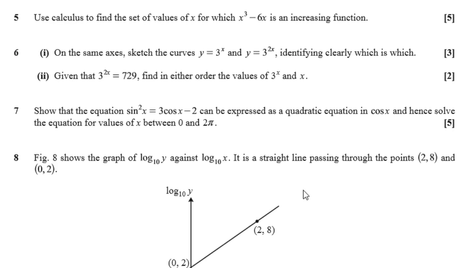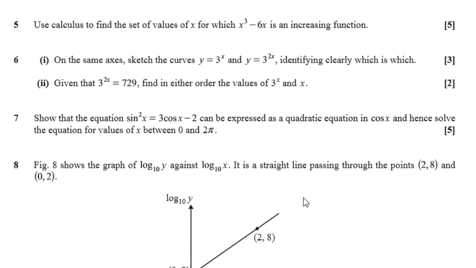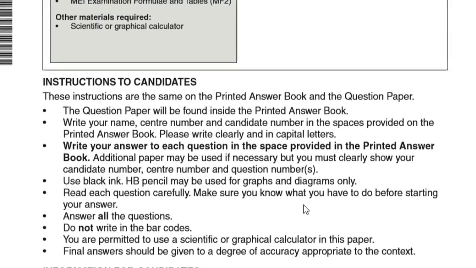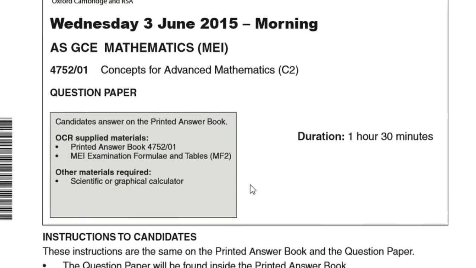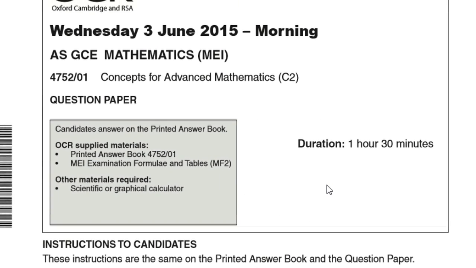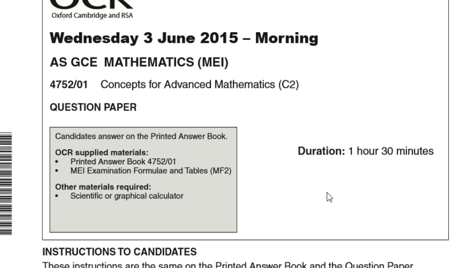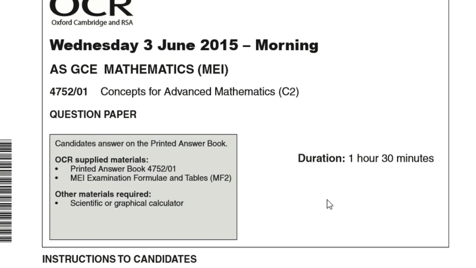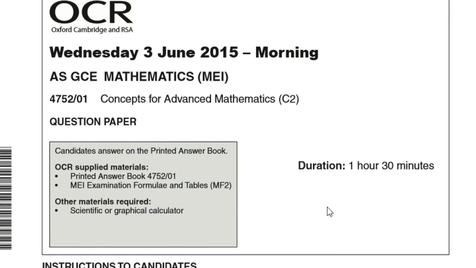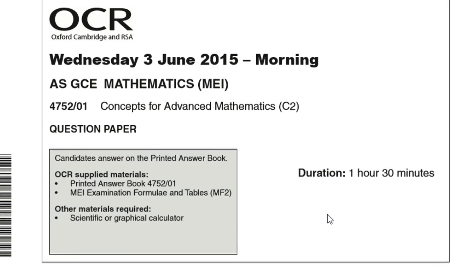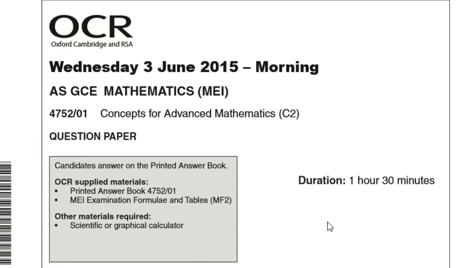But that's what examiners love to do. And if you can understand the notations or wordings, then that's how you prove you are an A-star student. So yeah, that's it. Hope you've learned something, and I will see you on my next one.